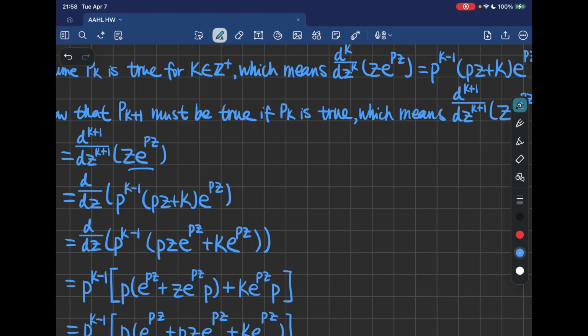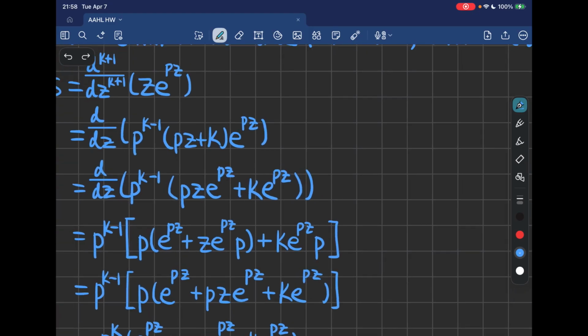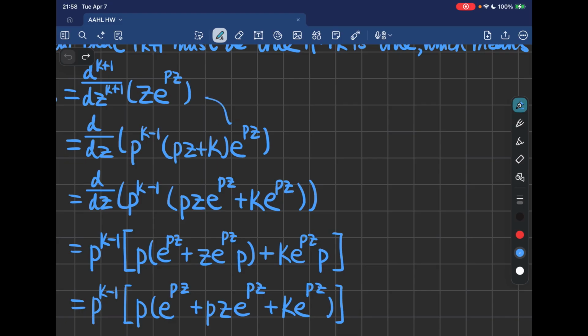The original thing taken to the k plus 1's derivative is the original thing taken to the kth derivative and taken derivative once more, right? So they are the same thing. But we need to write it in a new form like this to help us derive it much easier, because there's no way we're going to derive to the k plus 1's derivative, right?